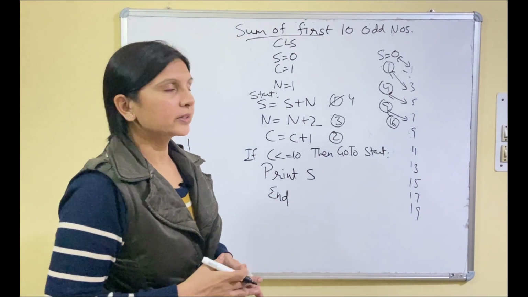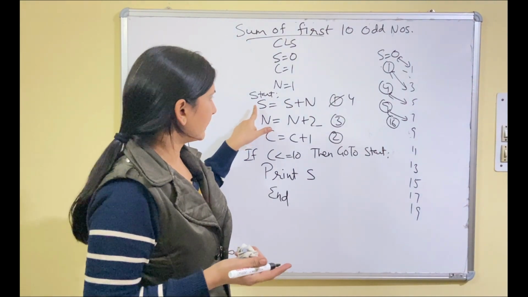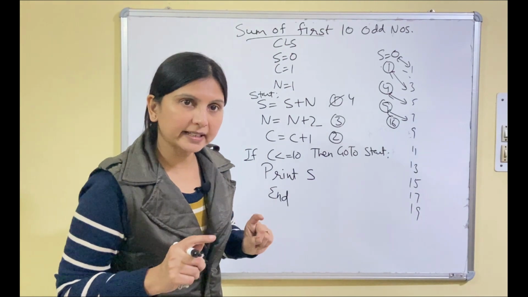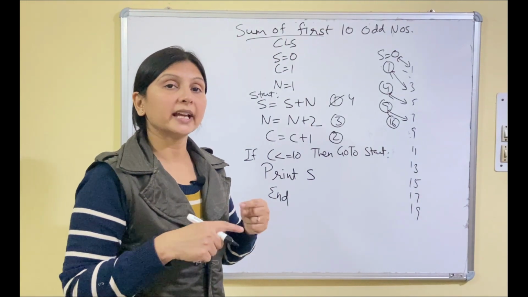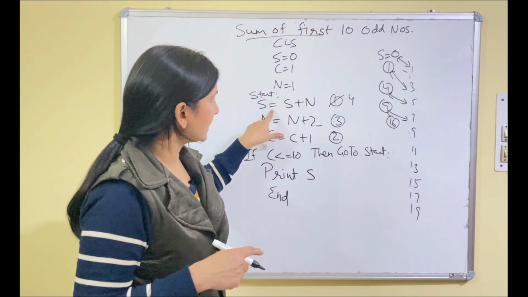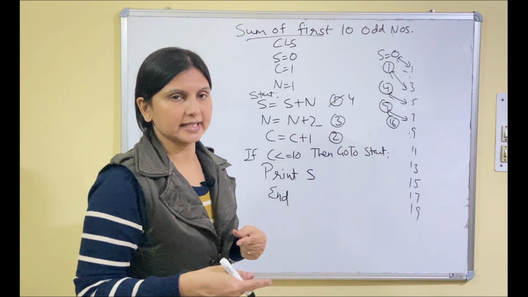So what changes we have done? Only instead of print N, I have given S equals to S plus N, because we are not displaying N, we keep on adding S. Fine. So this accumulator variable S will keep on updating itself as the counter increases.